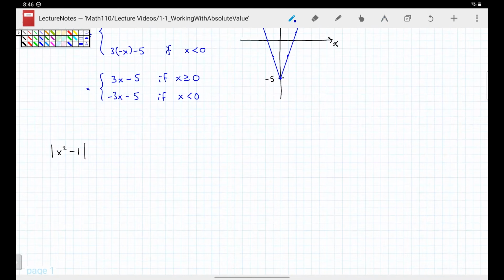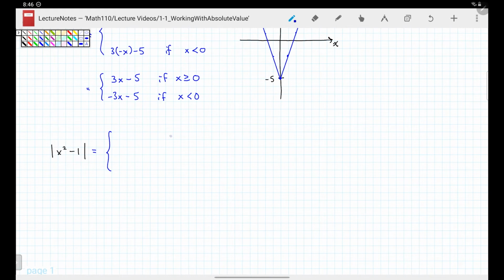All right, so let's look at this. It's going to break wherever this function becomes positive or negative.